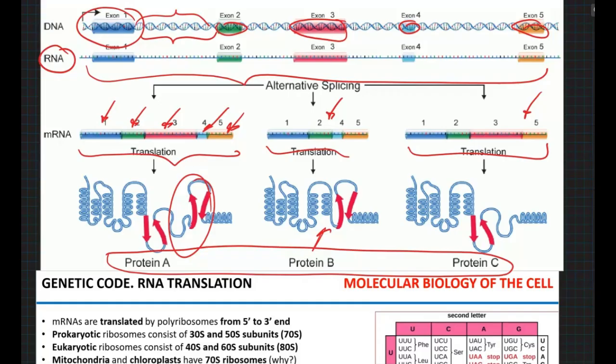So now think about, we're getting there. Think about the fundamental difference between prokaryotes and eukaryotes. In prokaryotes, when RNA is synthesized, it's immediately available for translation, for protein synthesis.